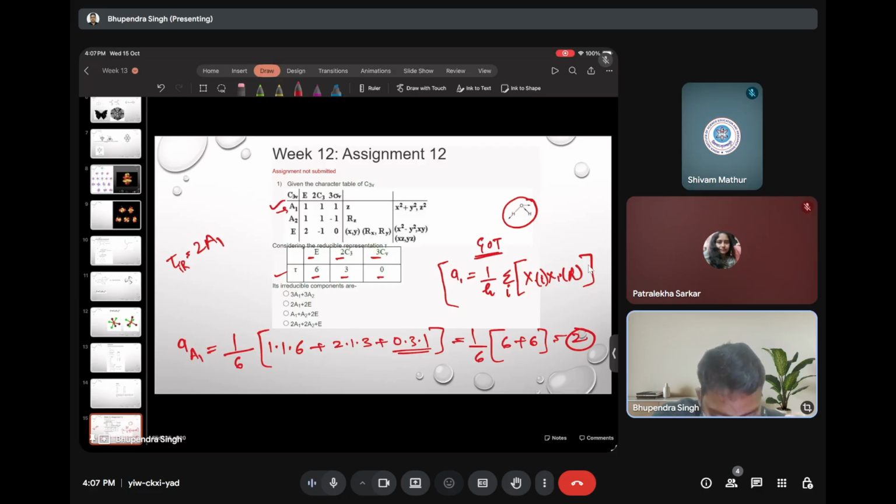So how many options have 2A1? Option B and option D, correct? So this cannot be your answer, this cannot be your answer.